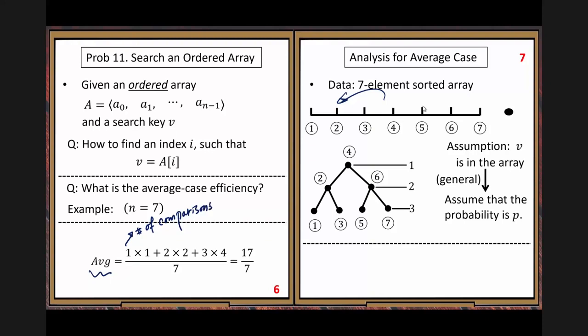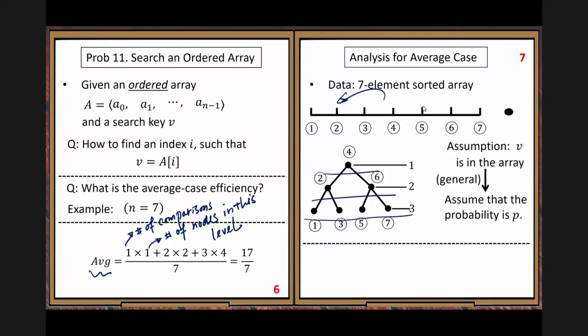Right? The second one corresponds to the number of nodes in this level, okay? Because we organize our data level by level. 3 levels here.